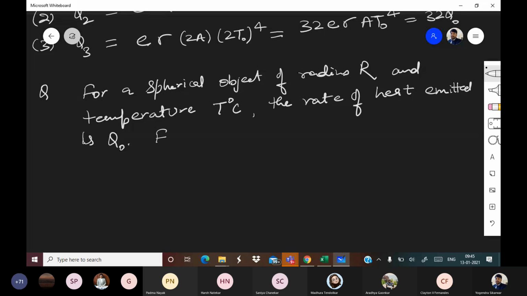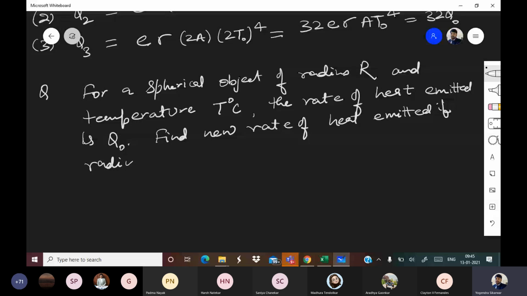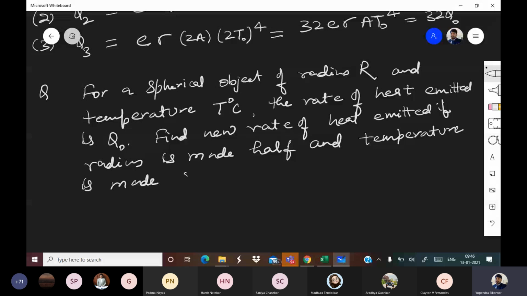Find the new rate of heat emitted if the radius is made half and the temperature is made 2T degree Celsius. Please solve.